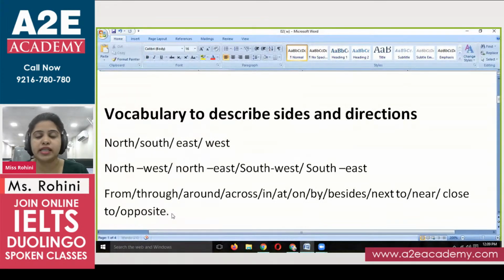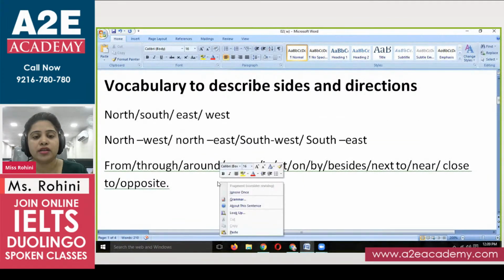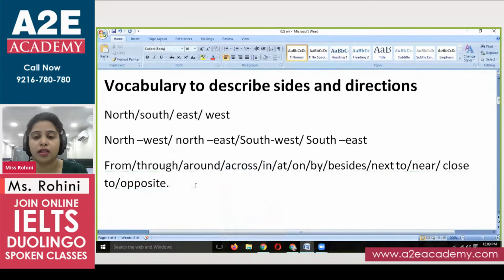There are more words too, depending on how you use them: front, corner, back. Fine, clear to all? See, the reason why I'm discussing these things first is that when we do task one ahead, if I directly show you the task one map, then it will be difficult for you to understand what I am talking about.